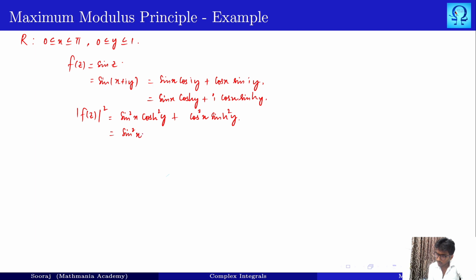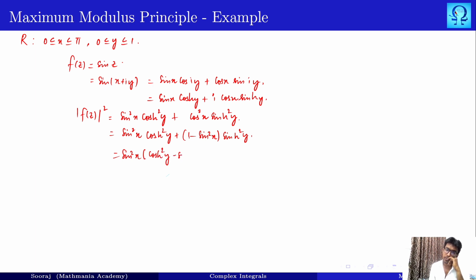Cos squared x may be written as 1 minus sin squared x, so if you combine things, you get sin squared x times (cosh squared y minus sinh squared y) plus sinh squared y. Since cosh squared y minus sinh squared y is 1, what we get is sin squared x plus sinh squared y.